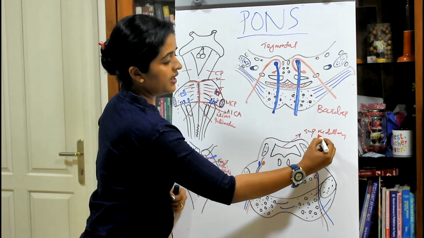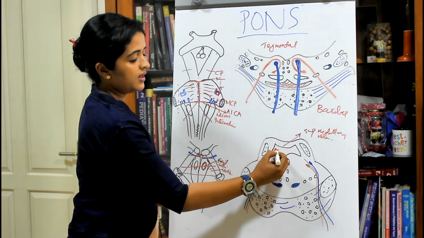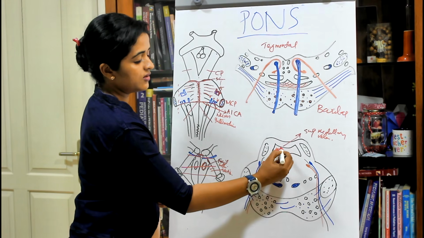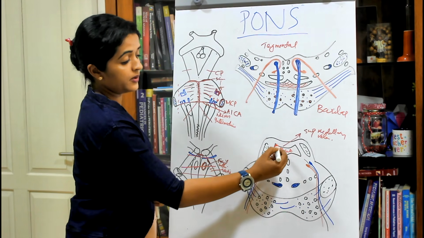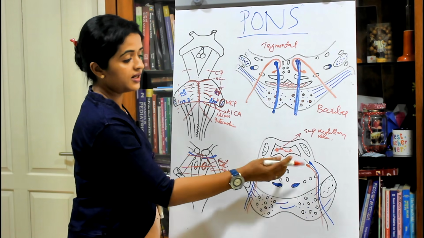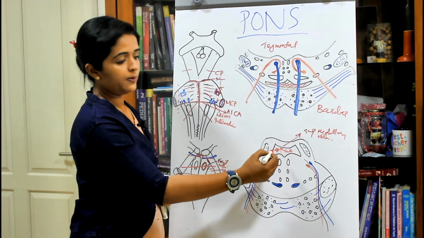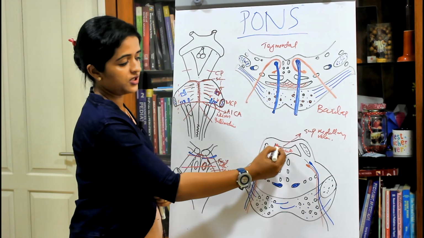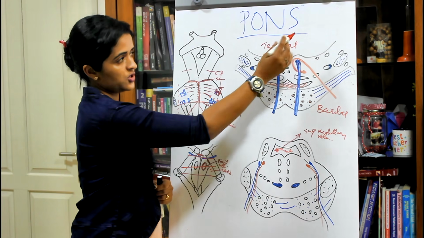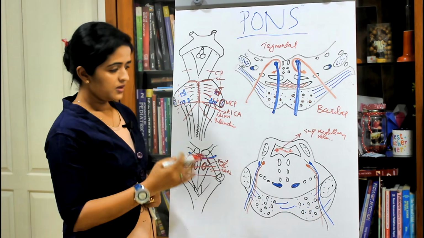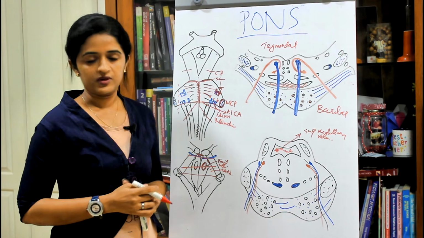This superior medullary velum will close the fourth ventricle. So if you take a section of the upper part, you can see a closed portion of the fourth ventricle because of the superior medullary velum, but in the lower part it is open. So let's see the features of both the upper part and lower part of pons.